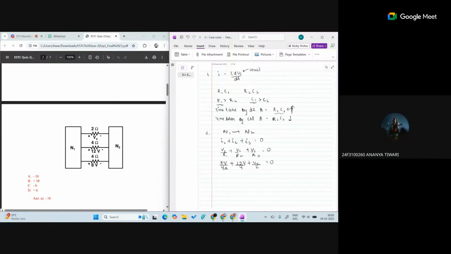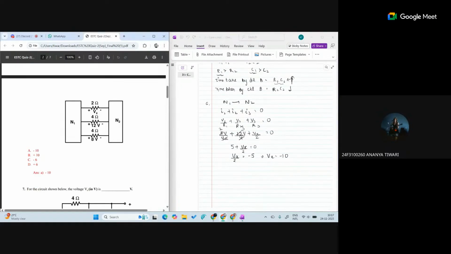Yes. Now we can write this as 8 by 4 or 12 by 4. This is 5 plus Vx by 2 is equal to 0. Right? Yes. Now we can do what? Vx by 2 is equal to minus 5, and from here we will get Vx is equal to minus 10. Right?